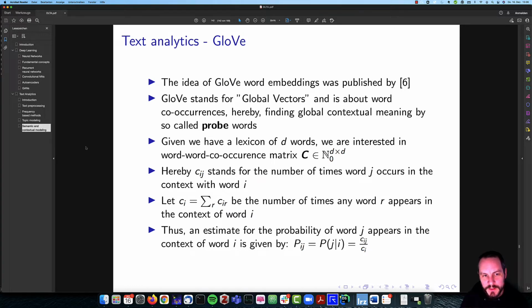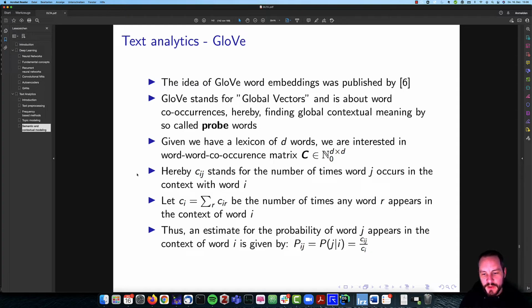Typically we have a corpus, which is the set of documents, and the global vectors are called global because the GloVe model is built on a word-word co-occurrence matrix that is based on the whole corpus. So the first thing you need to understand is what a word-word co-occurrence matrix is.